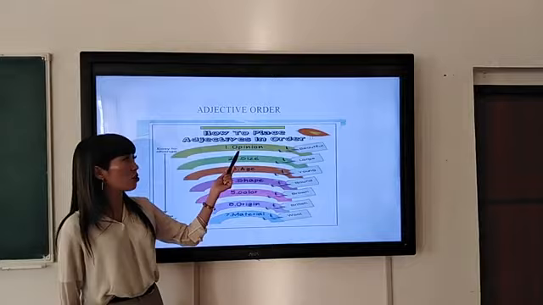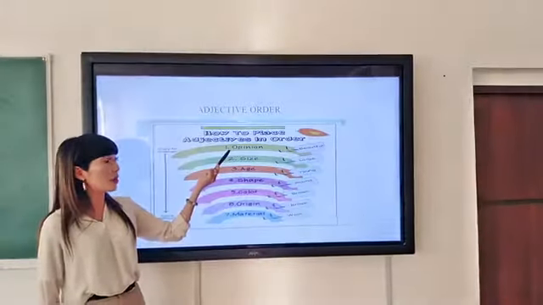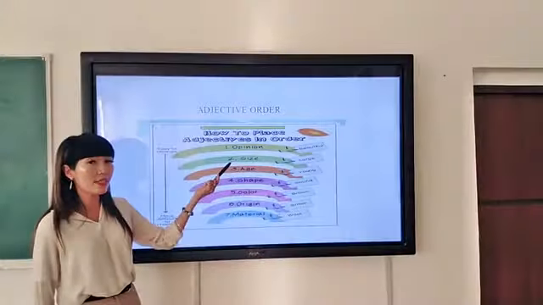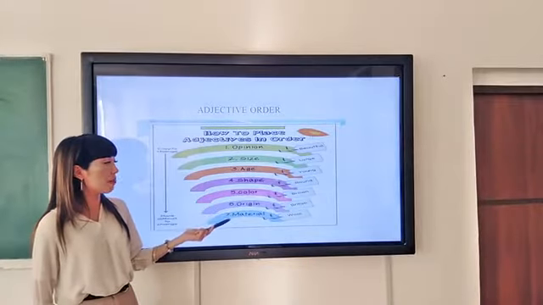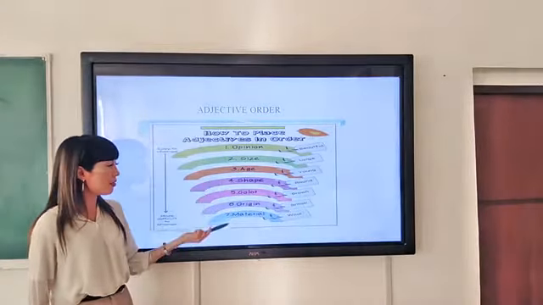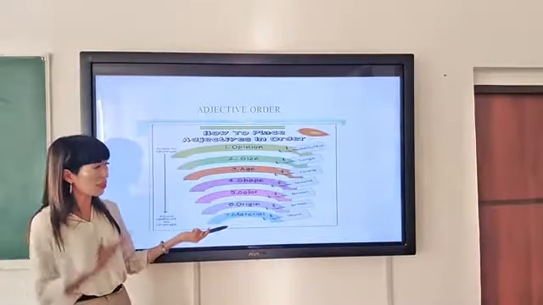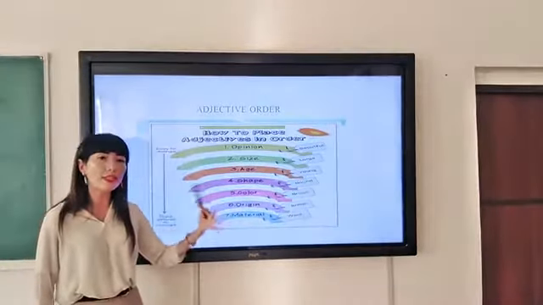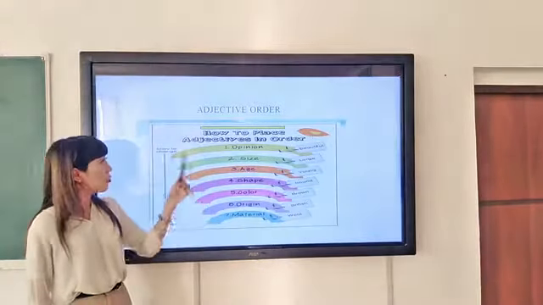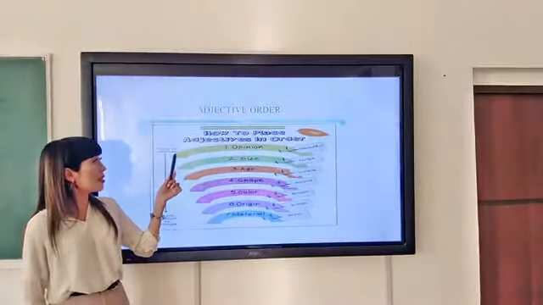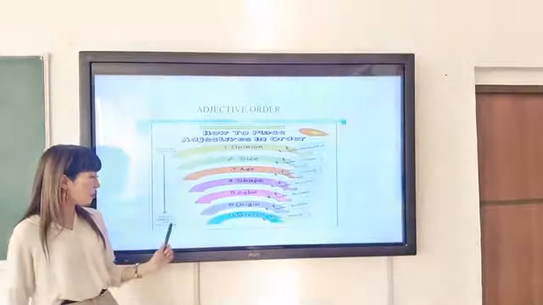The first one is opinion, the next ones are size, age, shape, color, origin and material. You see here 7 categories, but why do we place them in this order? We place them from easy to change to more difficult to change.